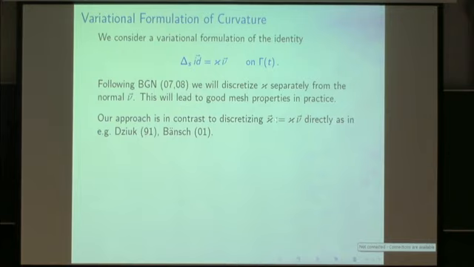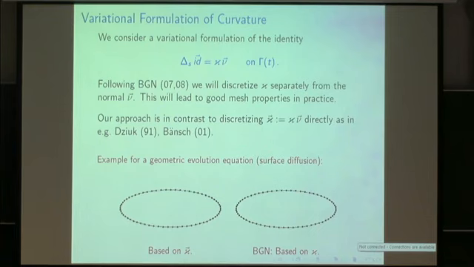It gives you the direction of a discrete normal, and also the magnitude tells you the curvature. So that's quite a natural approach, but we prefer to do curvature and normal separately, and the reason is that it turns out that this has very beneficial properties for your mesh quality.